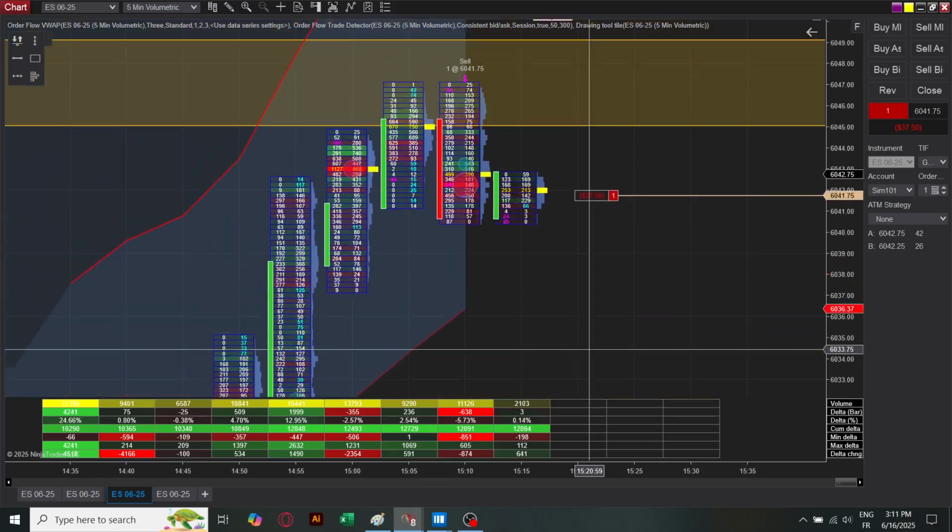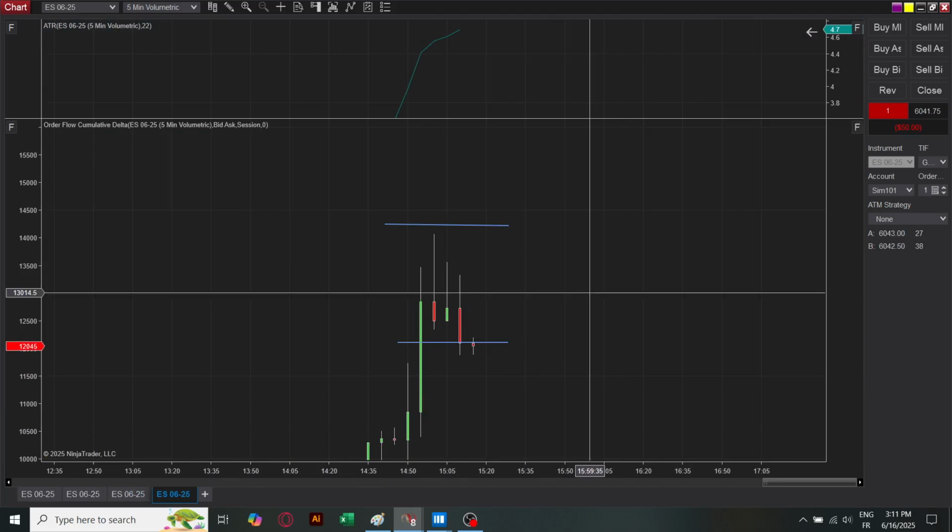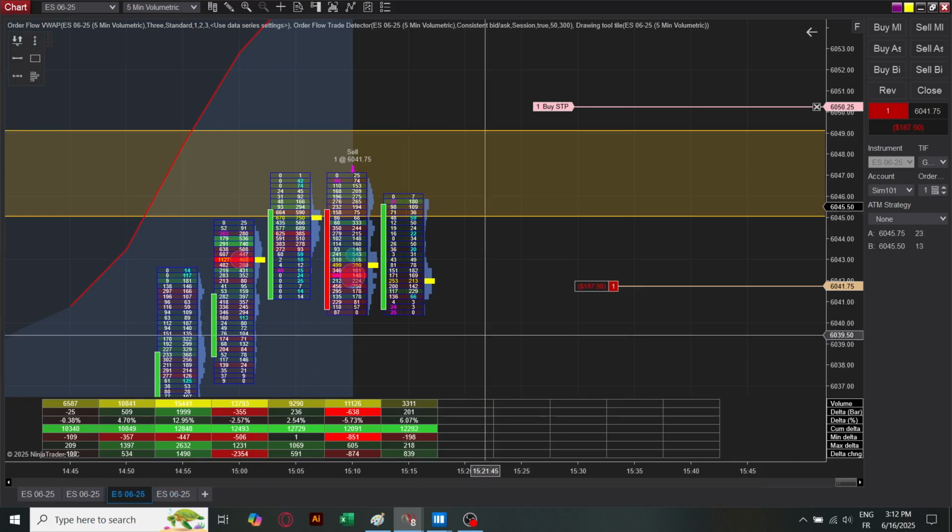It's closer to our level. Anyway. I think this is a stop loss.